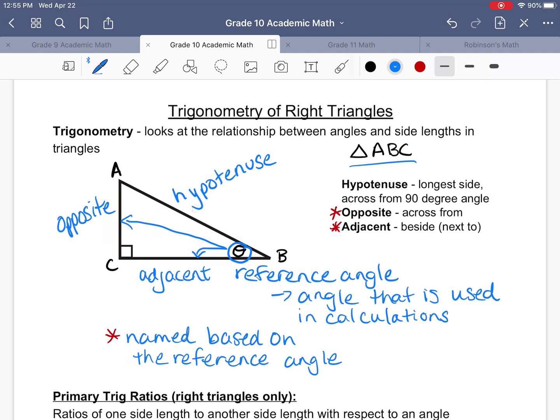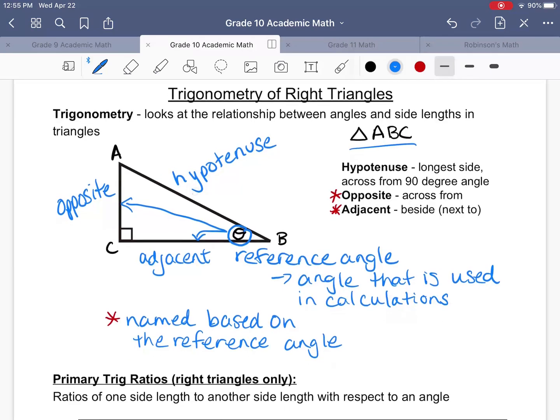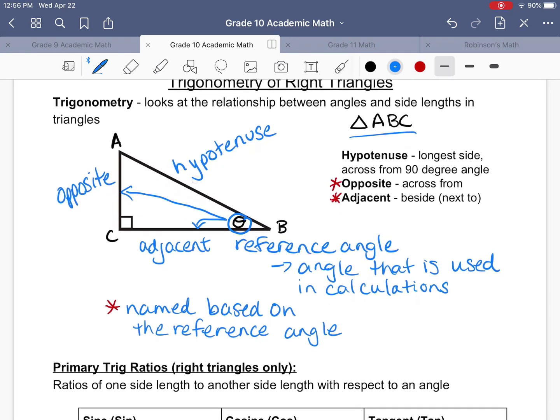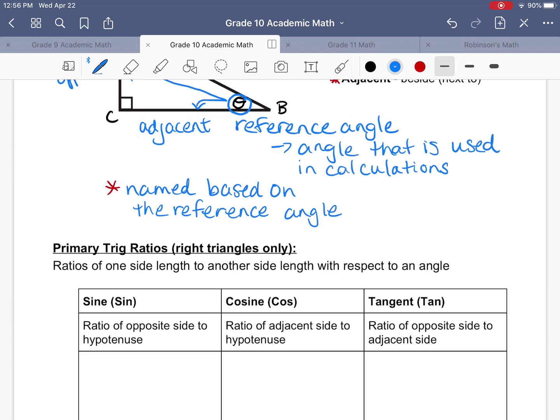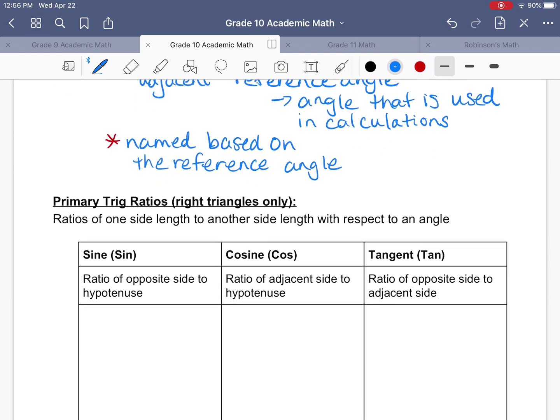Okay, so now that we've learned to properly label our triangle with respect to a reference angle, we're going to take a look at what we call the primary trig ratios. And these are for right triangles only, and this is really important to remember because later on we will be looking at triangles that aren't right triangles, and these primary trig ratios will not apply to them.